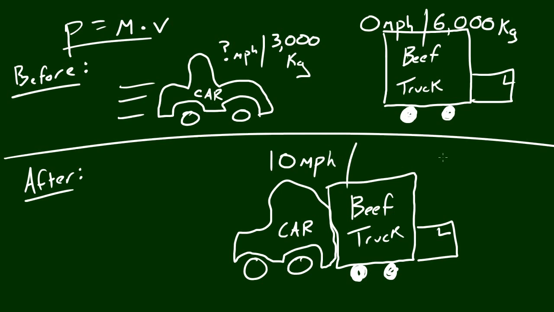And I said, okay, well, you don't even need to tell me how much the mass is because we know that before the collision, the beef truck had a mass of 6,000 kilograms and the car had a mass of 3,000 kilograms. Therefore, the total mass of this big hunk of metal is 9,000 kilograms. So now he's like, you know what?